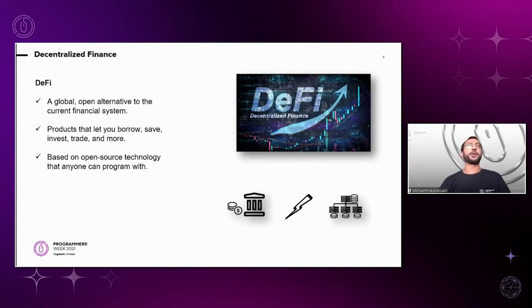The second problem is that in order to offer services in this system that deal with cash, you need some kind of currency. A natural response from most of us would be, okay, we're going to use Bitcoin. But there's a problem with Bitcoin, and Ethereum as well, for that matter. Both of these are extremely volatile.